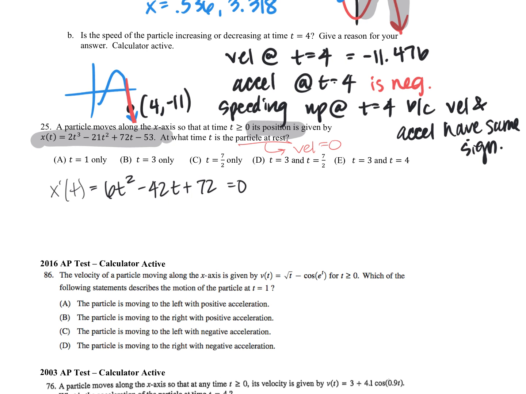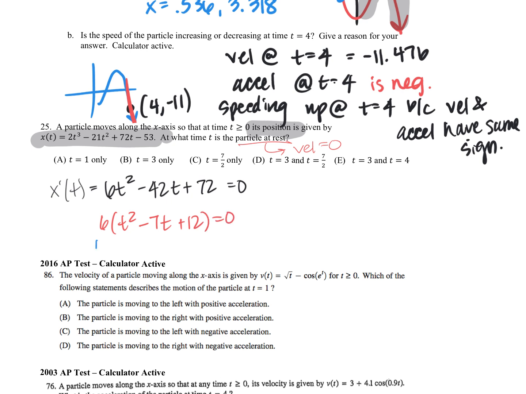Yeah, let's take a 6 out. If I factor a 6 out, 6 goes into 42 7 times. 6 goes into 72 12 times, right? Because 6 goes into 36 6 times. 36 doubled is 72. 6 doubled is 12.